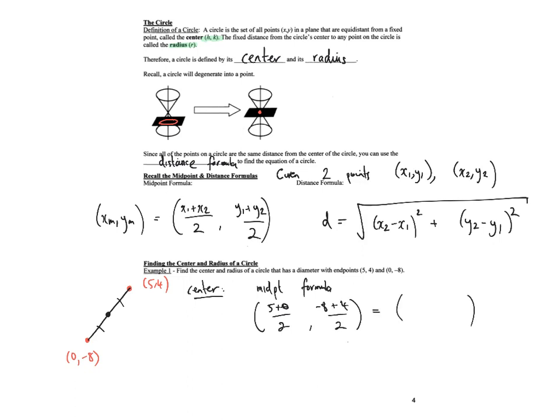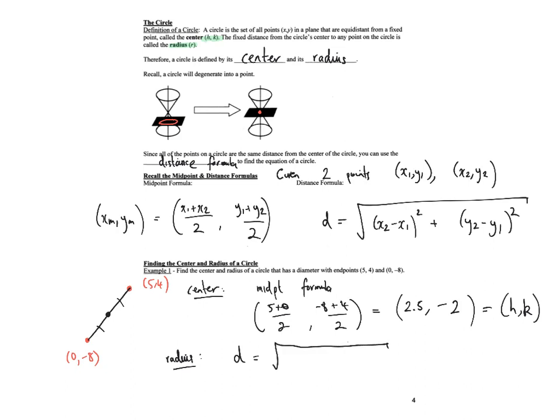That gives us 2.5, comma, negative 2 as our center. That's our h, comma, k for this particular circle. So for the radius, we need to take the length of the diameter and halve it, right? So let's find the distance d between these points.